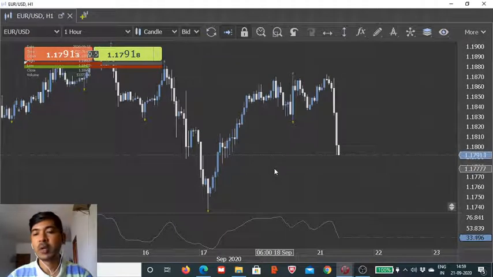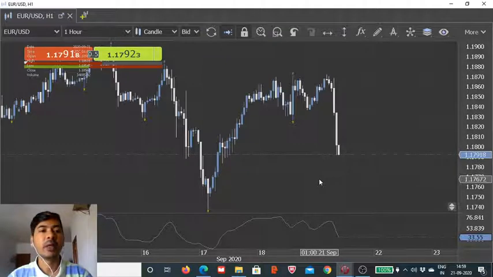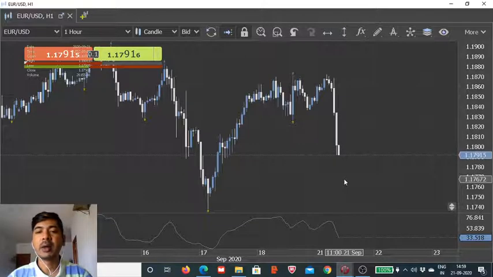As you might have noticed from its similarity with the name of the other indicator, RSI, this is, you can say, a bit of an improvement on the RSI.